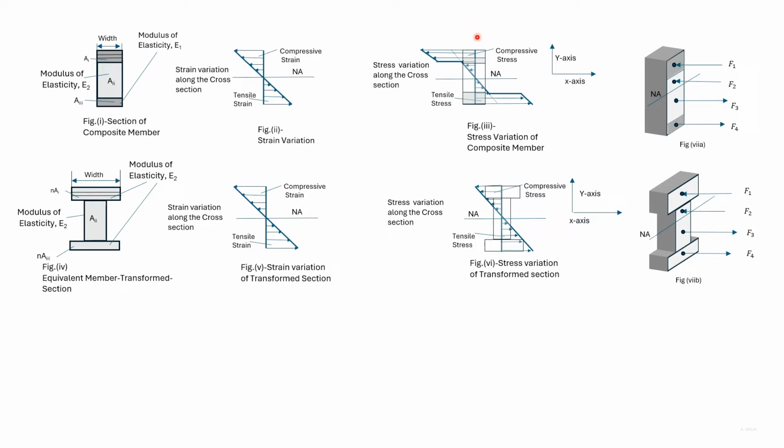Now sigma 1 dash multiplied by the area A1 gives us the force F1. Now consider the transformed section. Let the average stress for this area be sigma 2 dash. Then sigma 2 dash into this area, which is nA1, is equal to F1.